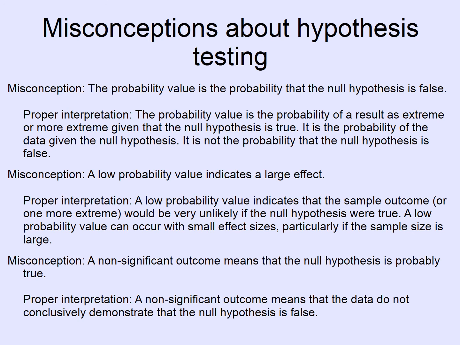A low probability indicates a large effect. Not so. Confidence intervals will be more important there. We'll also see another measurement called Cohen's d that we can use to estimate effect sizes. And most importantly, a non-significant outcome means that the null hypothesis is probably true. No, no, no. It just means it's included in the range of possible outcomes.